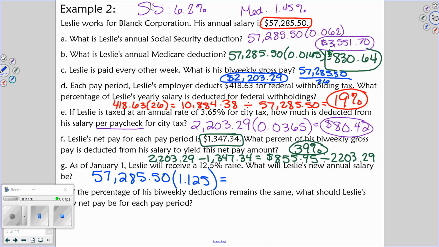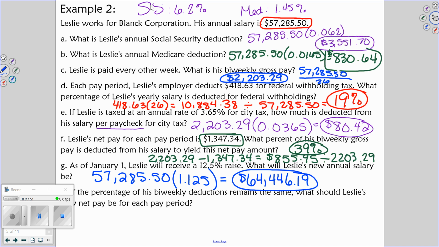You're going to get the raise amount, and then you have to add that back onto his salary. You can do it either way. You should get $64,446.19. I'm just lazy and did it in one step.